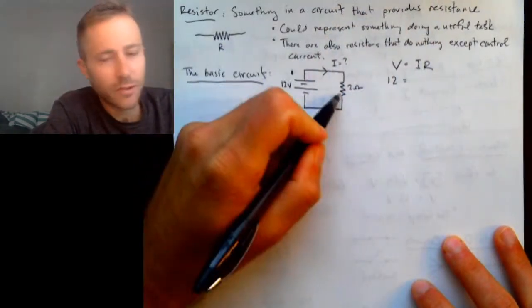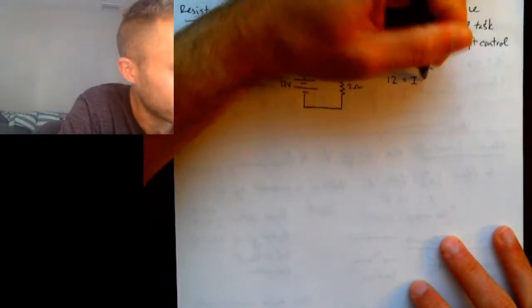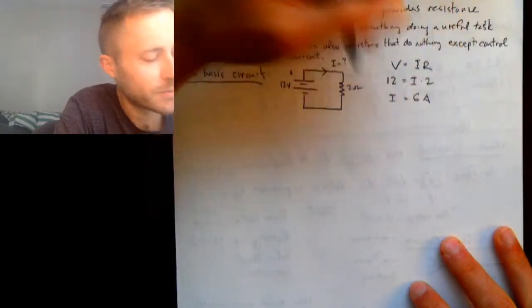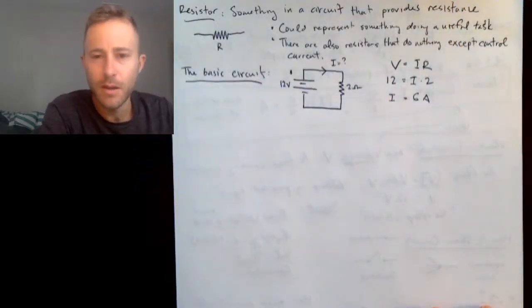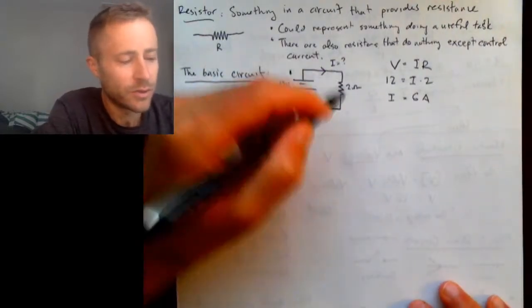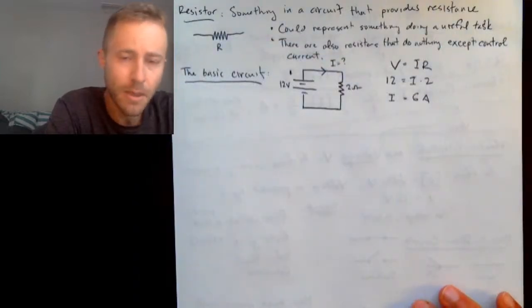The resistance of the circuit is 2 ohms. So I have I times 2, and the current that flows is going to be 6 amps. Again, we're using the resistor to control the amount of current flow.